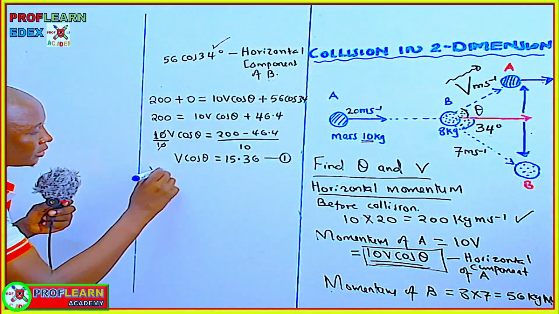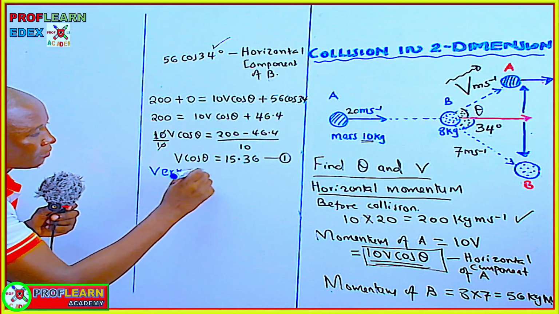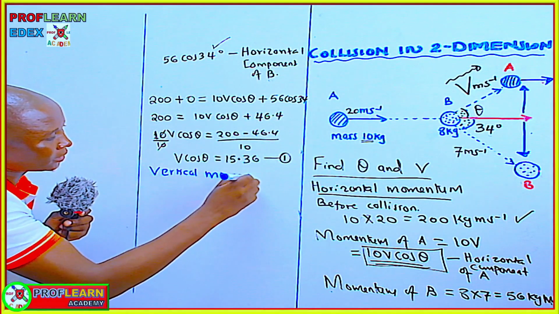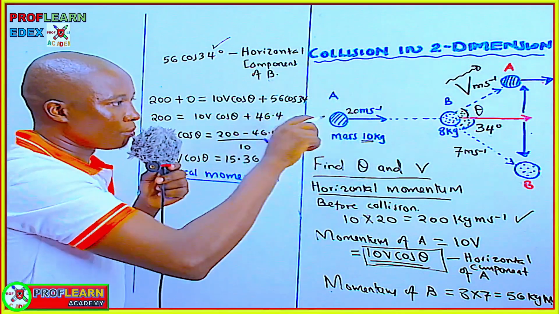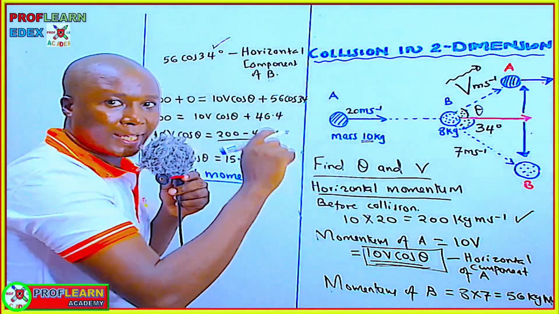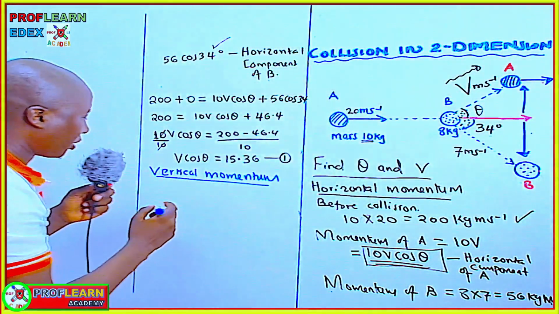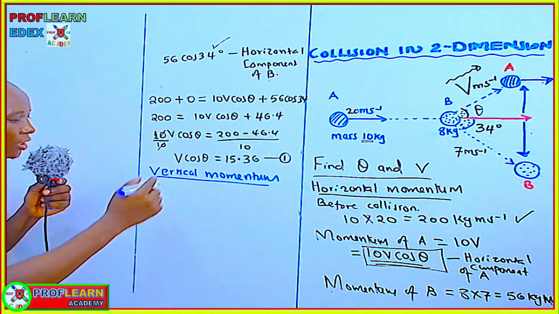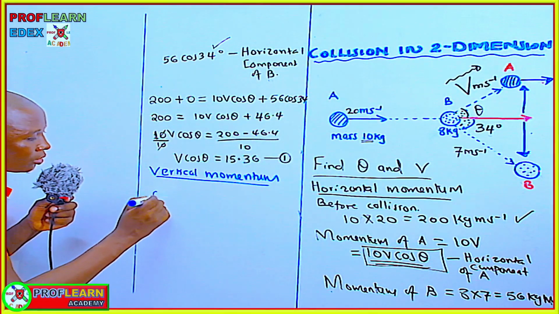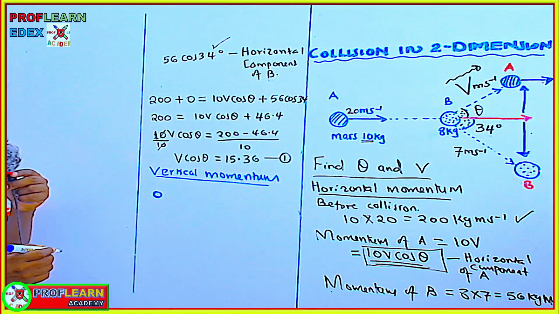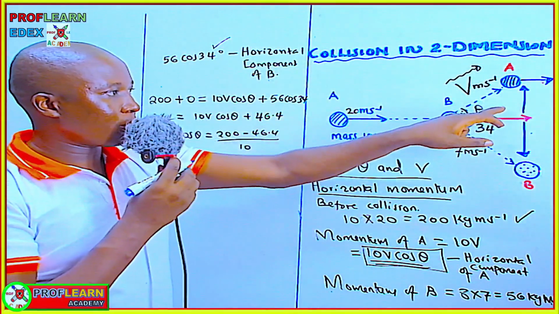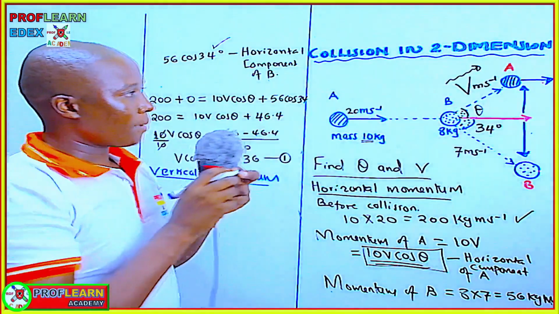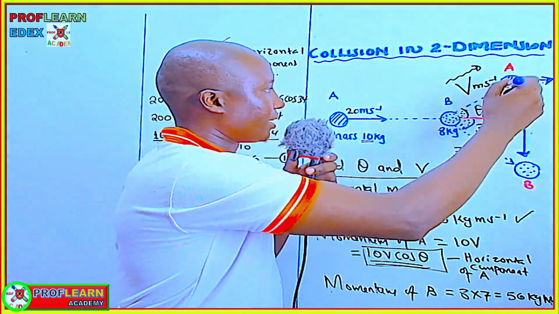So we can also consider vertical momentum, because this object was only moving in the x direction. So we are going to say the momentum in the vertical direction before collision is 0, equal to, this one will have momentum in the y direction. But what is the momentum of this object in this direction?